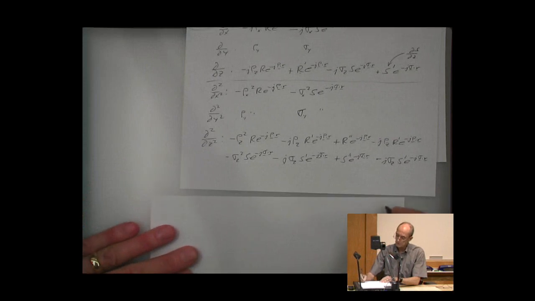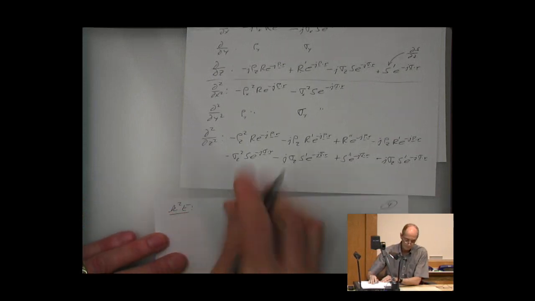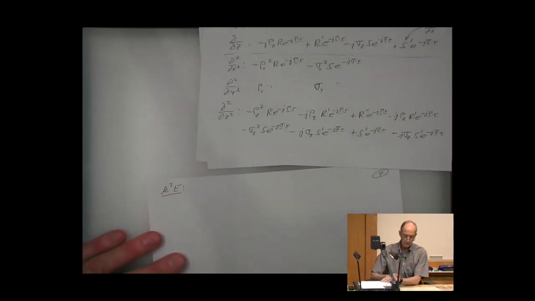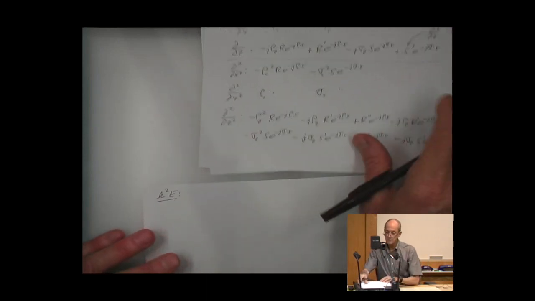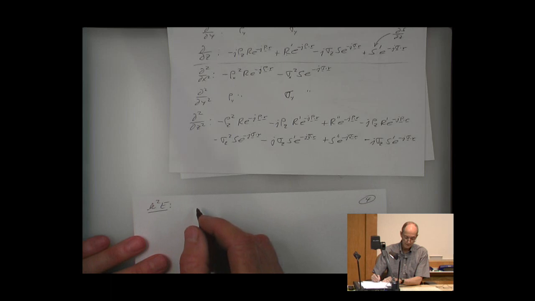All right, so now we have, again, k squared E. That's this thing here, so we have to get all that together.